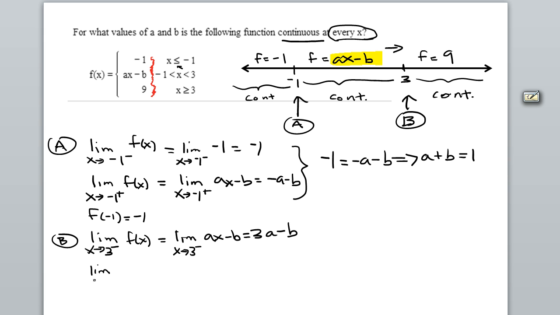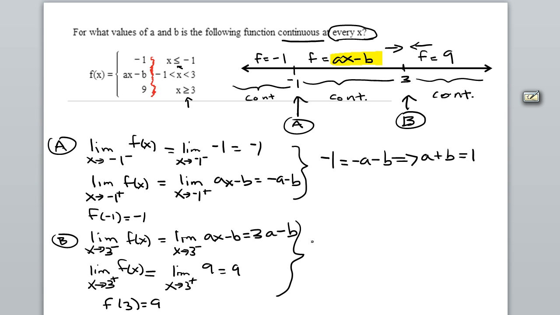The limit as x goes towards 3 from the right-hand side would be us using the function f to be 9. And that's just going to be 9. The function value at 3 is defined to be 9 because of the equal to there. So these have to equal each other. So 3a minus b has to be 9.